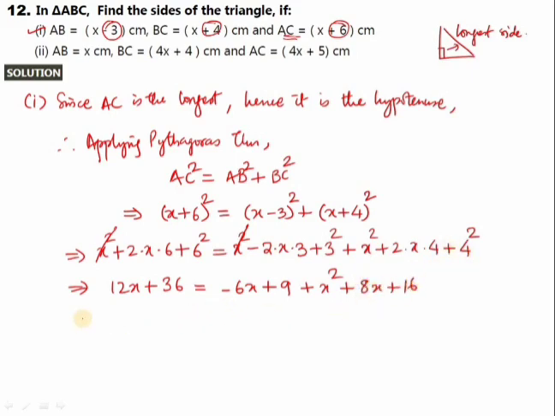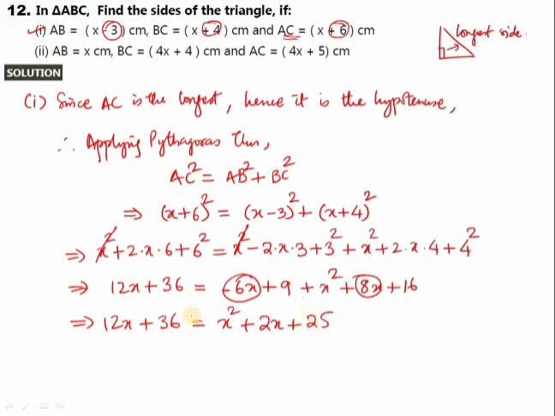Let's simplify this further. So you have 12x plus 36 equals, keep x square in front, x square, minus 6x plus 8x is plus 2x, plus 9 plus 16 is 25.